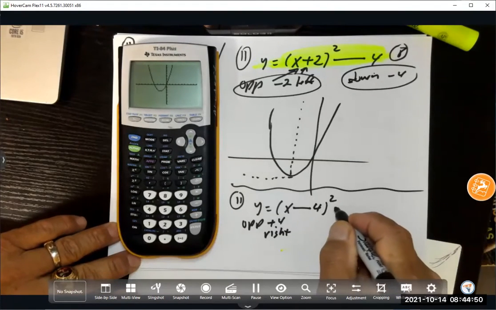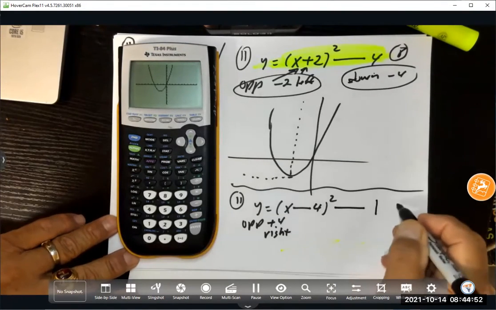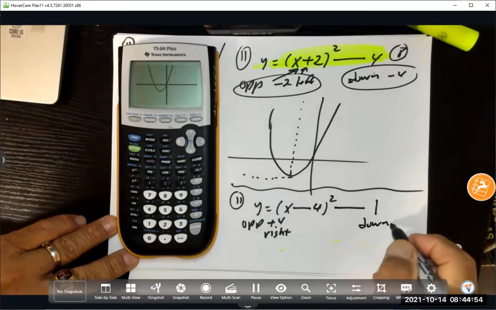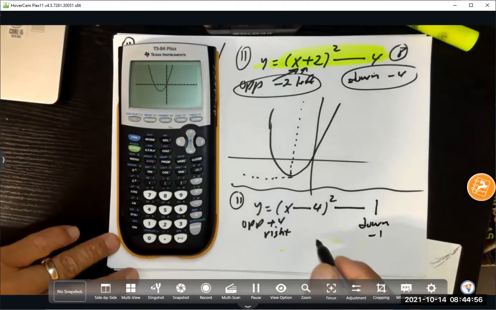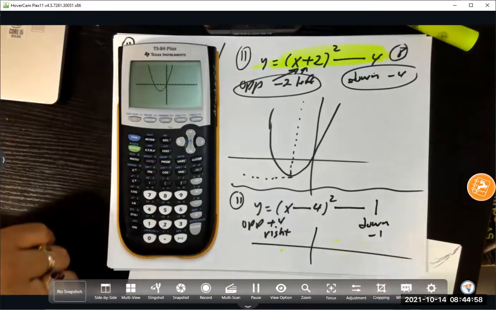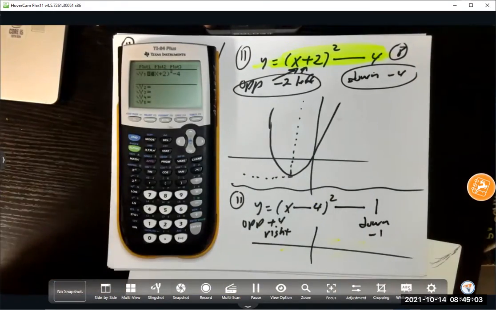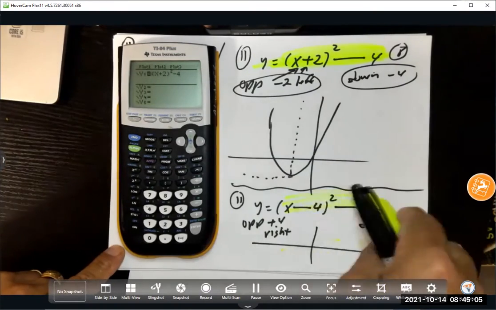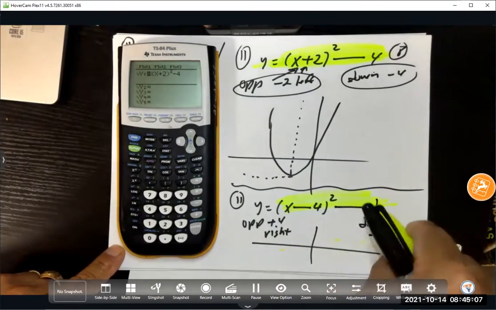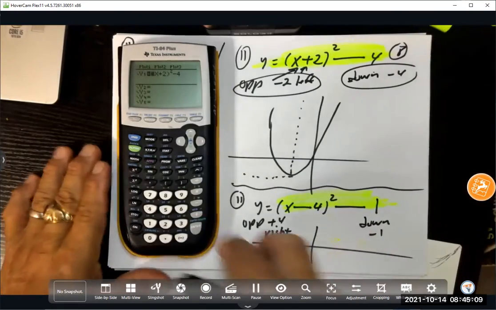And then if I put another number here, like let's say negative 1, it's going to go down 1. So let me put that in the machine. Just put it in the machine, so what you get is this one. Clear.